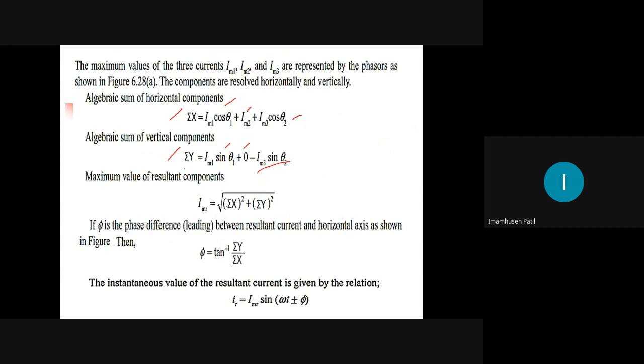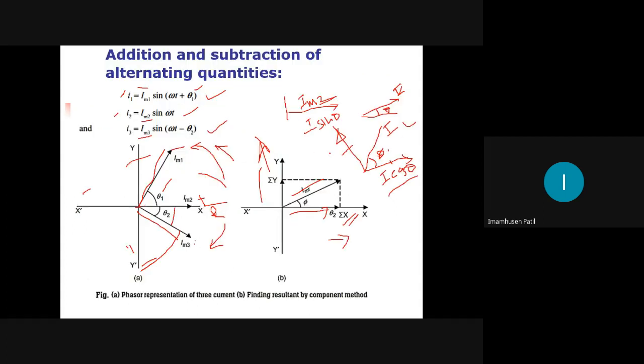Now the maximum value of the resultant IMR is equal to the square root of the summation of the horizontal component whole squared plus the vertical component whole squared. Now you have the resultant. Then what is the angle? Whatever angle you get here is phi.